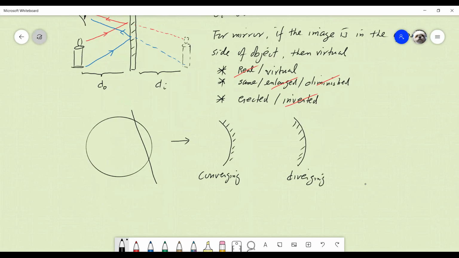Now, the name is also different, right? If you coat the outer side, we call it a concave mirror. Here will be a convex mirror, okay? The meaning is the same, right? Yes. Now, why do we call them a convergent mirror, right?